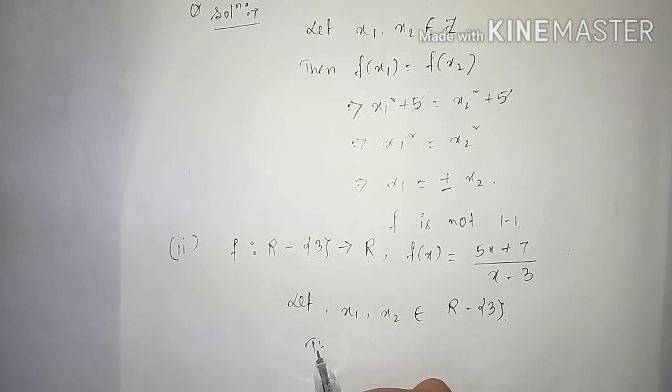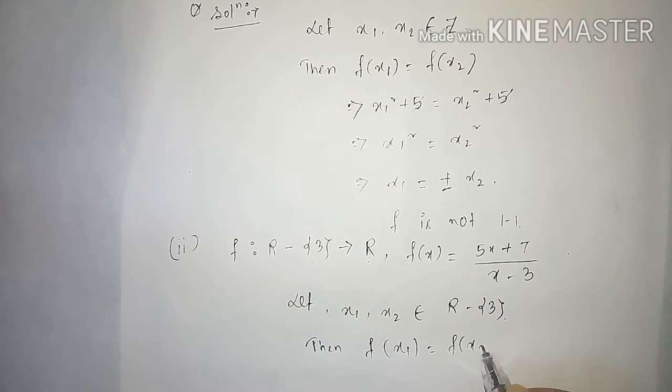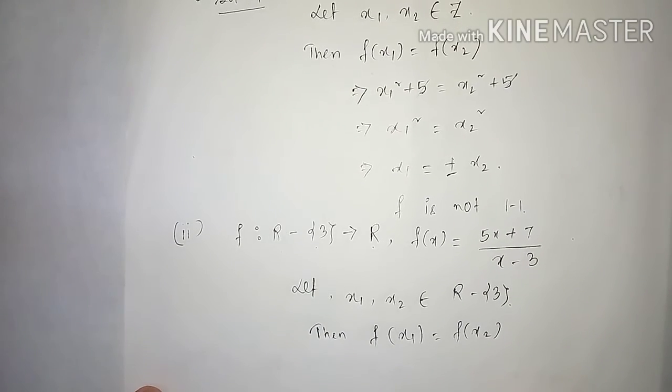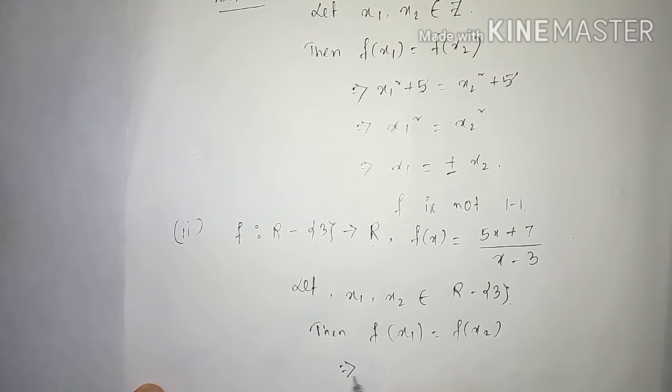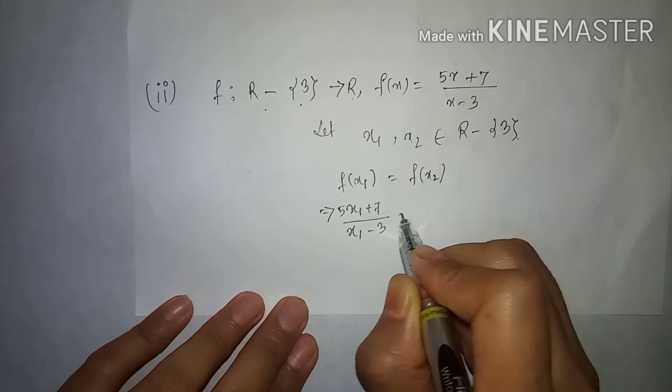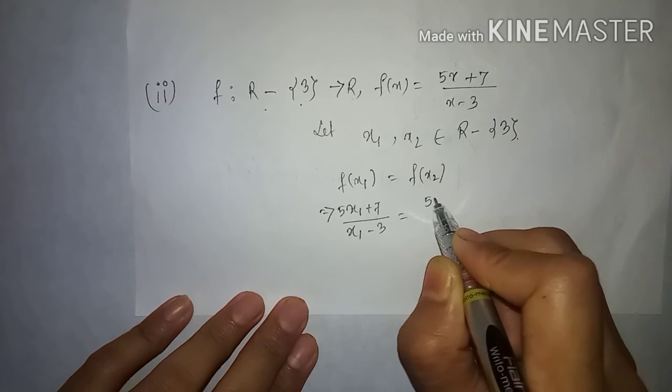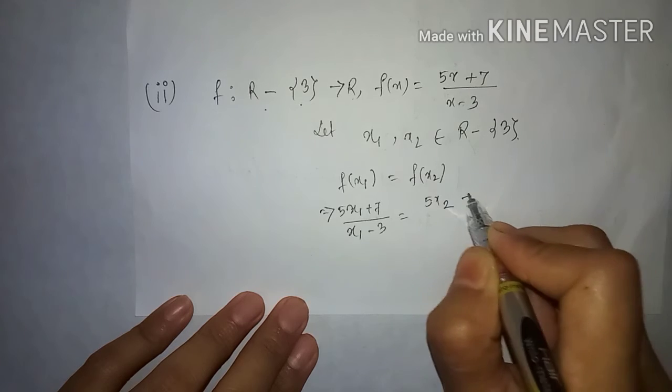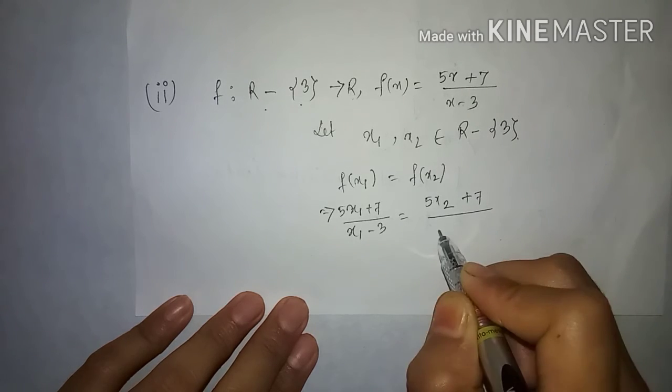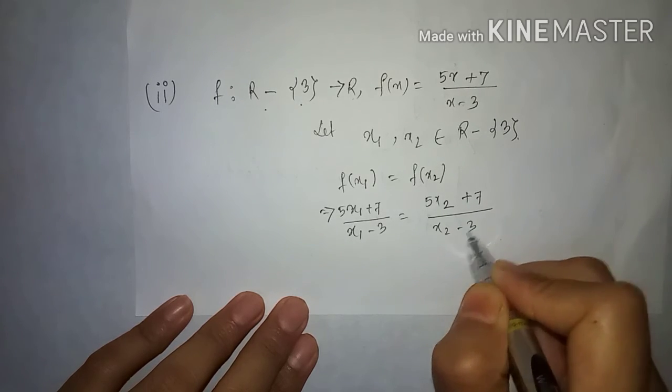Then f of x1 equals f of x2 implies 5x1 plus 7 over x1 minus 3, and f of x2 implies 5x2 plus 7 divided by x2 minus 3.